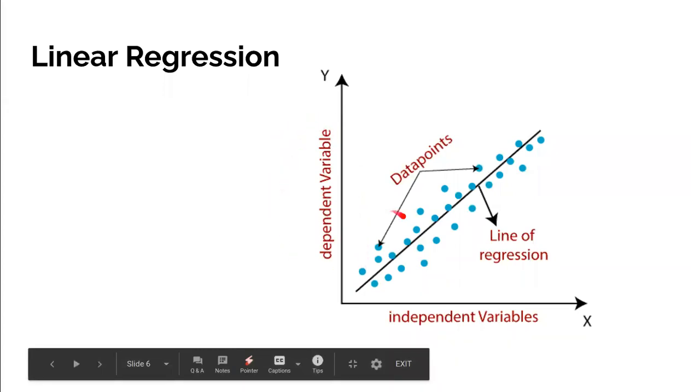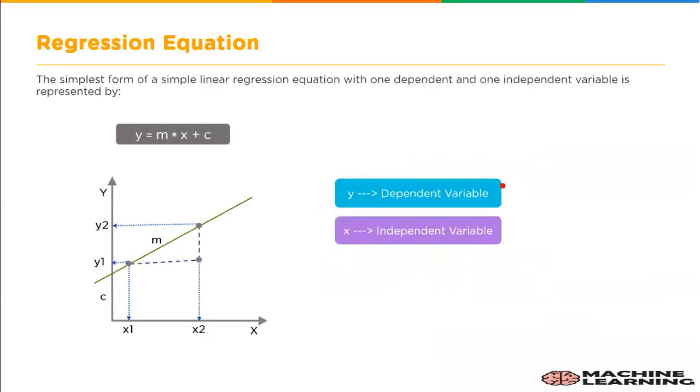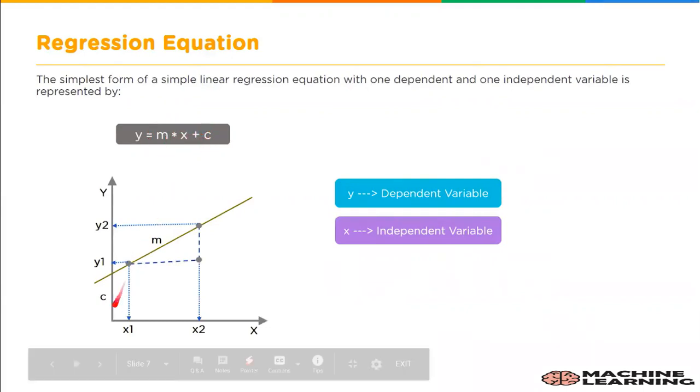Why do we say it's independent? Because the line equation is y equals mx plus c. We have to feed the value of x, we have to feed the value of m, that is the slope, and we have to feed the value of c, that is the intercept.